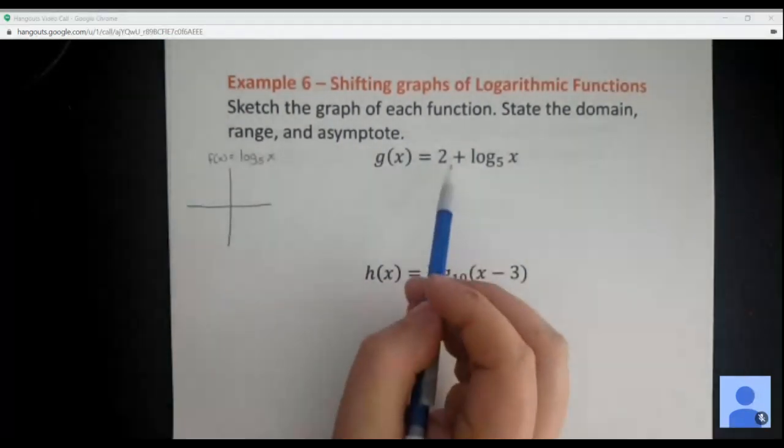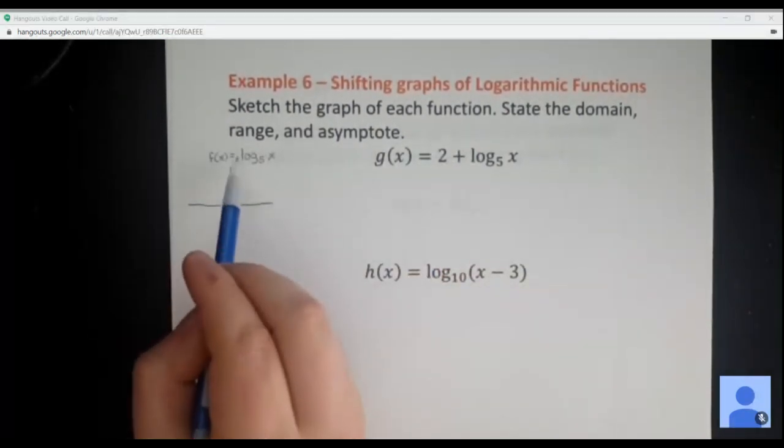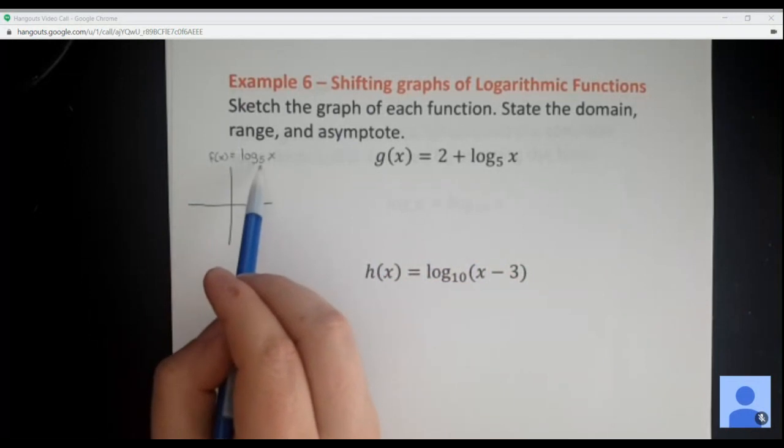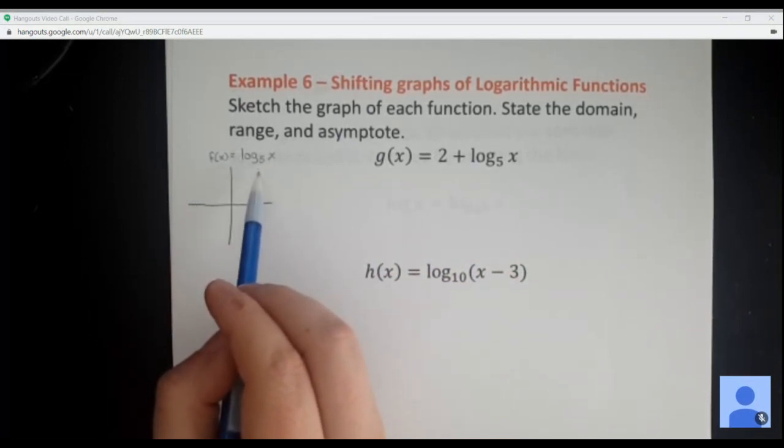Okay, so ignore the 2 here, right? Just think about this. The base 2 log of x and the base 5 log of x are going to look very, very similar. Again, the only difference between the two is that one's going to be a little bit steeper than the other. Okay, that's the only thing that's going to change.